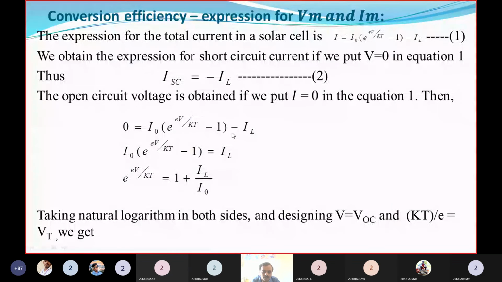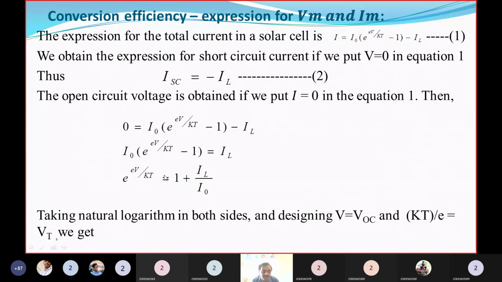If we simplify this equation by bringing IL to that side, the result is e power EV by KT is equal to 1 plus IL by I naught.